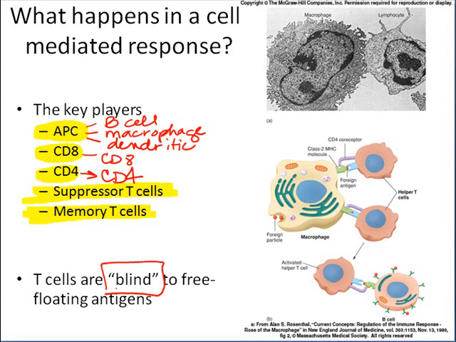The only way a T cell can recognize an antigen that's not supposed to be there is to have an antigen presenting cell show it to them. This is a key difference, and I'll highlight it again when we get to the B cells, because B cells are different. They have the ability to see free-floating antigens, and T cells do not.